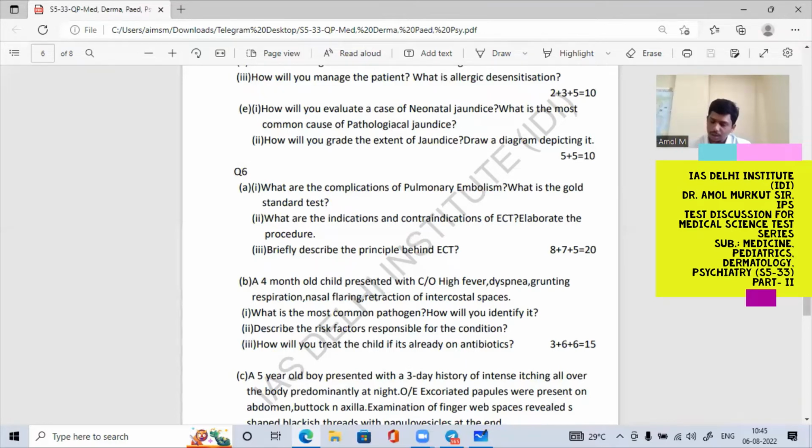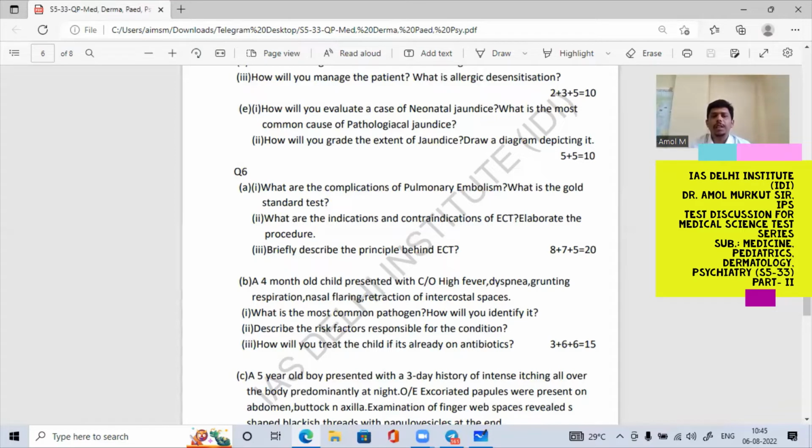What are the indications and contraindications of ECT? Elaborate the procedure. Indications: schizophrenia, severe psychosis with negative symptoms, violent psychosis, severe depression where the patient does not take care of himself, or is refractory to the treatment, we can say pharmacological treatment. These are the various indications of electroconvulsive therapy.